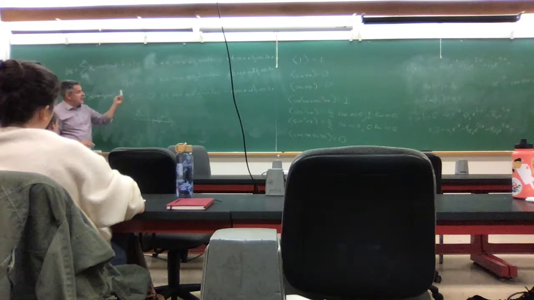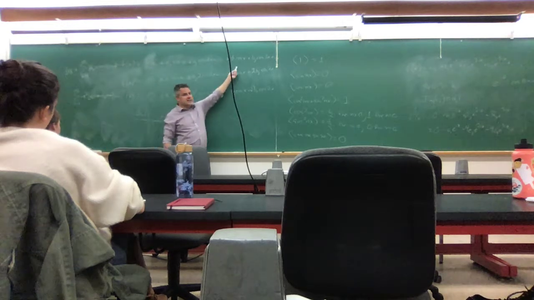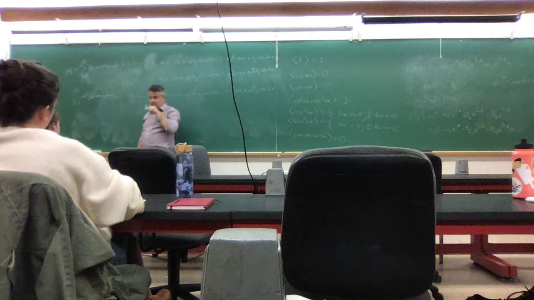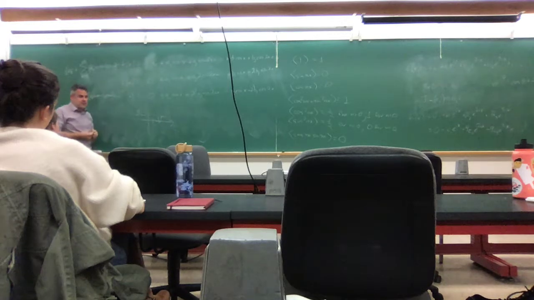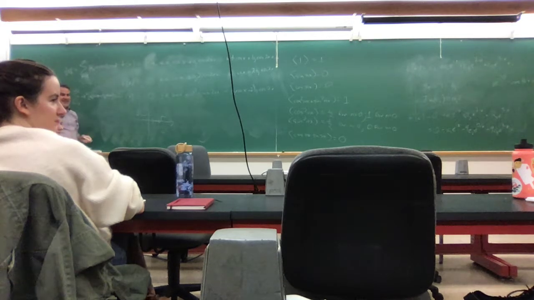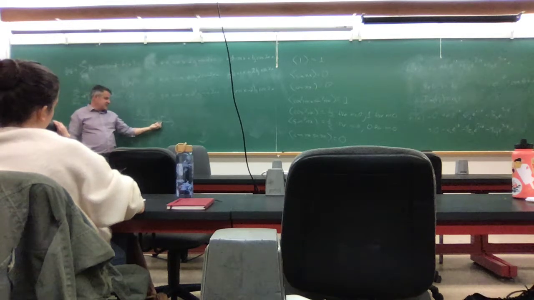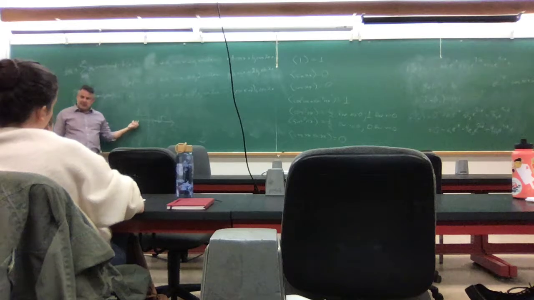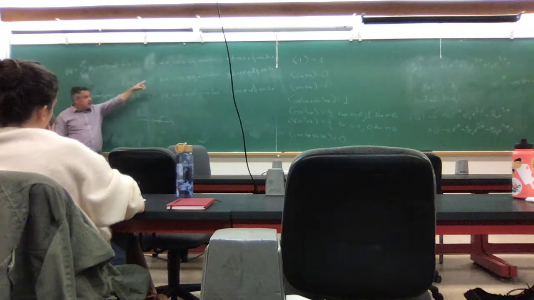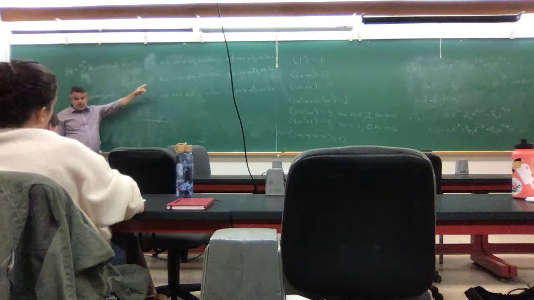Can I express an odd function in terms of cosines? No. Why not? Because cosine is even. So for every cosine term, I can't have something that's negative on one side of the axis and positive on the other. But the sines will see it.